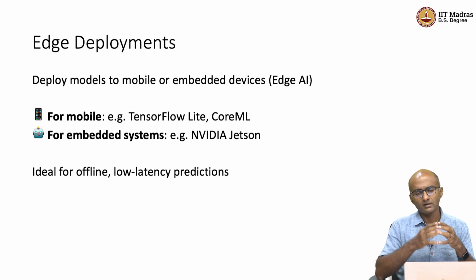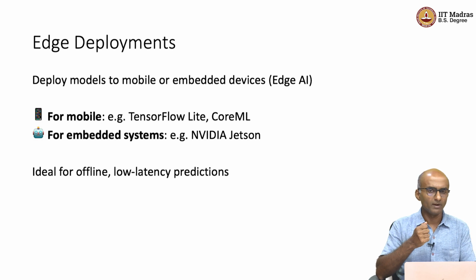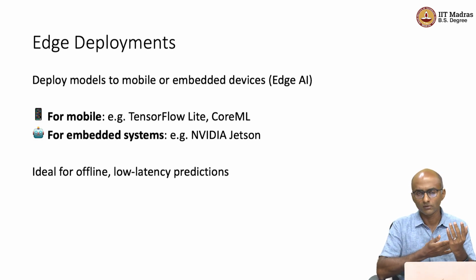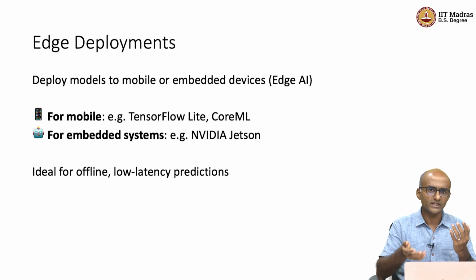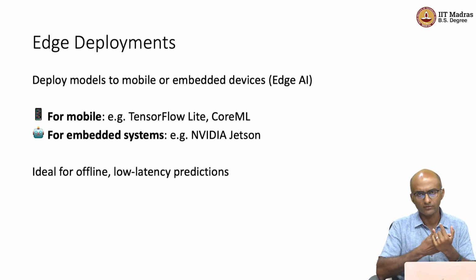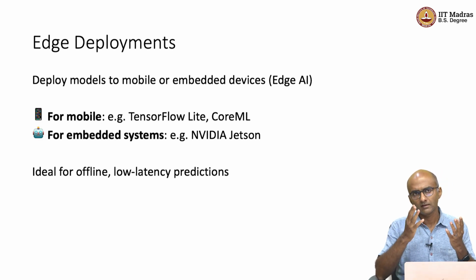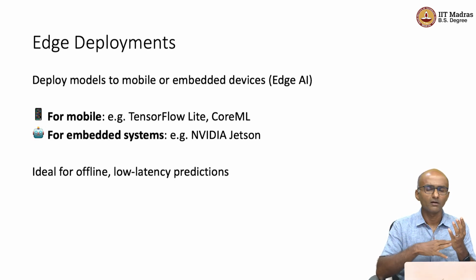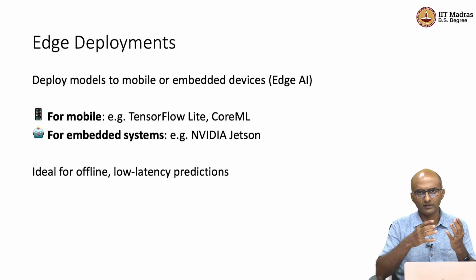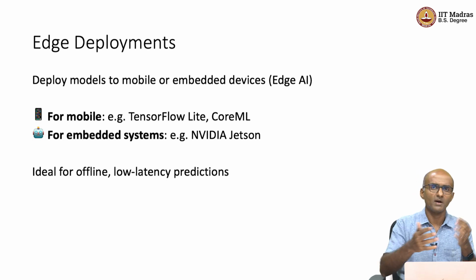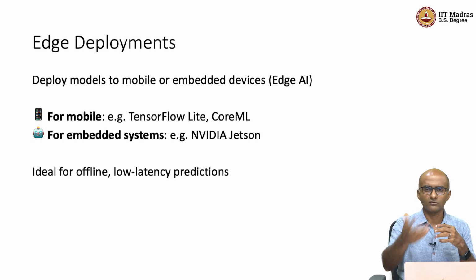Edge deployments are when the models get deployed onto a mobile device, like for instance, the Siri that's there in my Apple phone, the Google Gemini that's there in your Google Android phones, etc. Right? That's a mobile device edge model or edge AI, or it could be embedded devices, like for instance, a standalone smart refrigerator or a standalone smart camera, right?